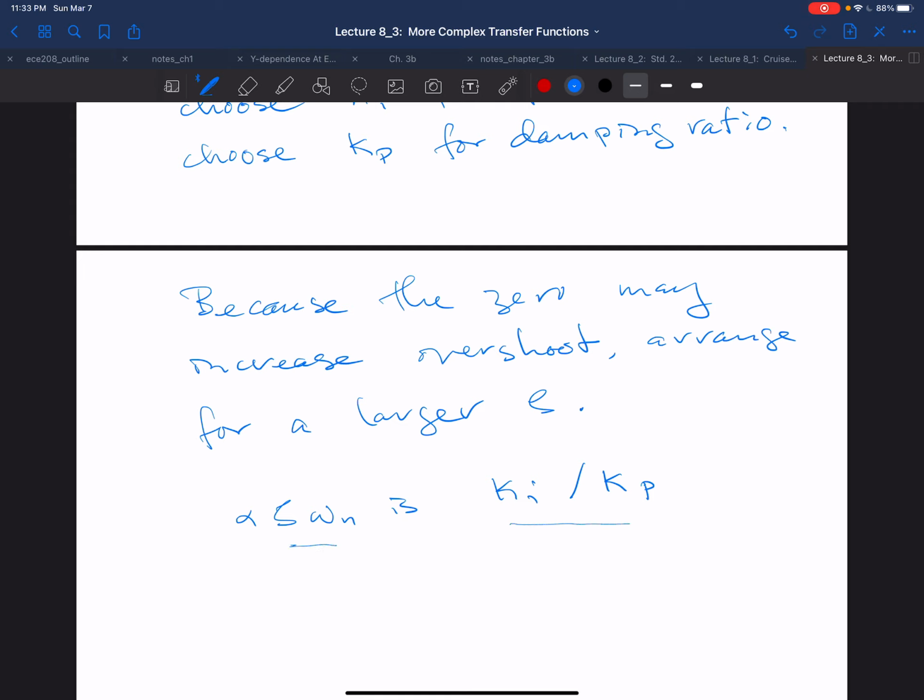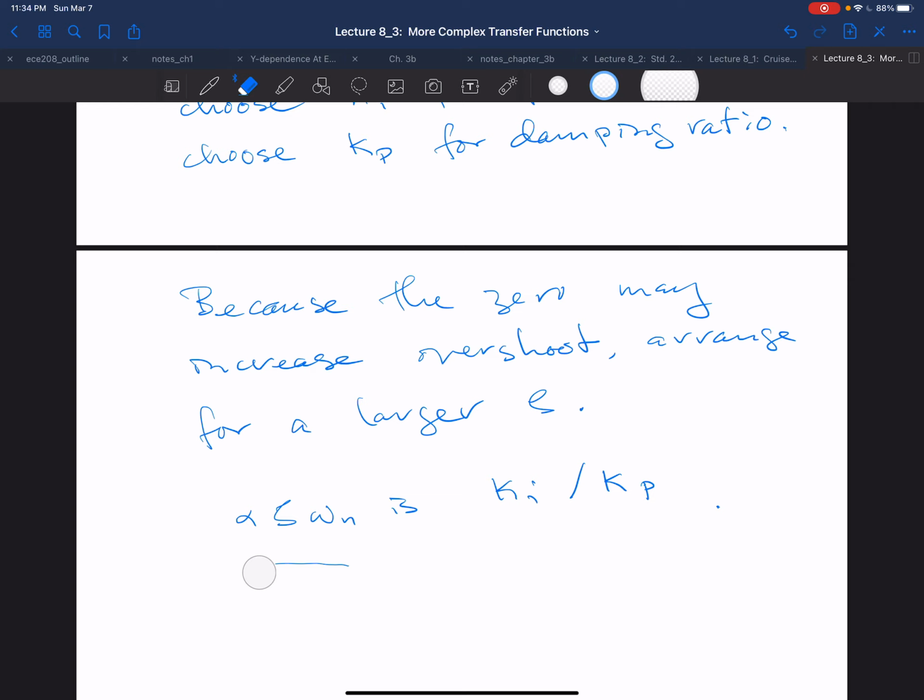But as long as this quantity is not large relative to zeta omega n, we'll see this effect of increased overshoot. So for that reason, we'll want to choose our Kp to give us a larger value of zeta than we might choose if it weren't for the zero. So we'll just have to try to compensate in advance, if you like, for the fact that depending on the value of alpha zeta omega n, the zero may give us a larger overshoot.